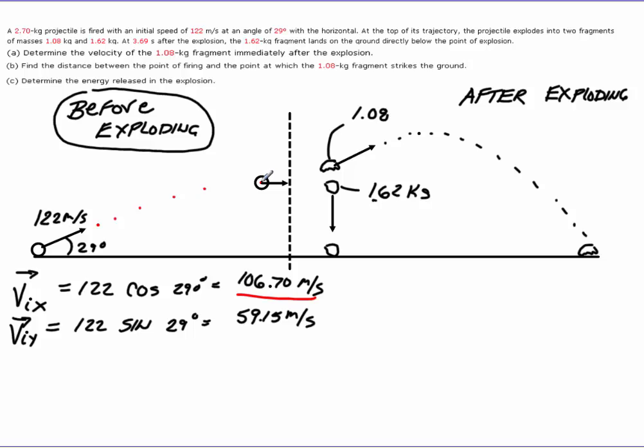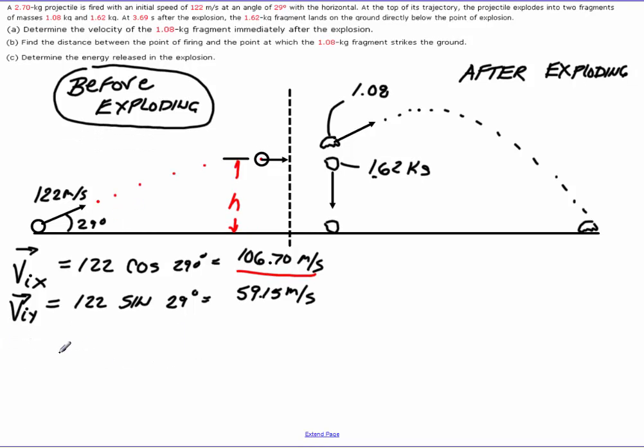Alright, so what we want to do on this problem first is try to find out what the height is. We want to find out what this distance is from here to here first, and we'll call that value h. Okay, so we'll go back to our kinematic equations, and we'll go back to Vf squared is equal to V initial squared plus 2 times negative 9.8 times delta y.